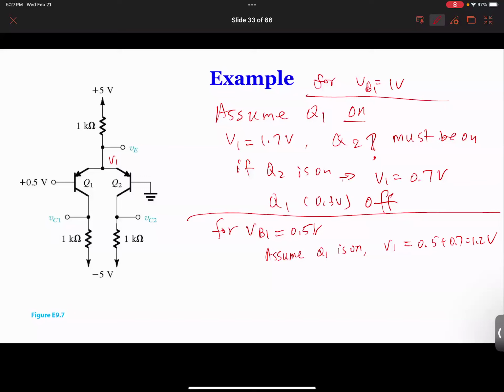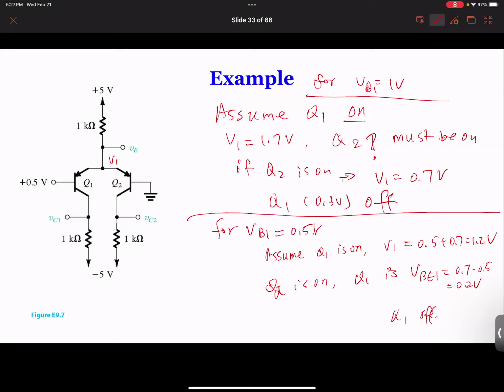So same thing, then we will find out actually Q2 is on, but Q1 is off, VBE1 is only 0.7 minus 0.5 equal to 0.2 volts, which means Q1 is off.